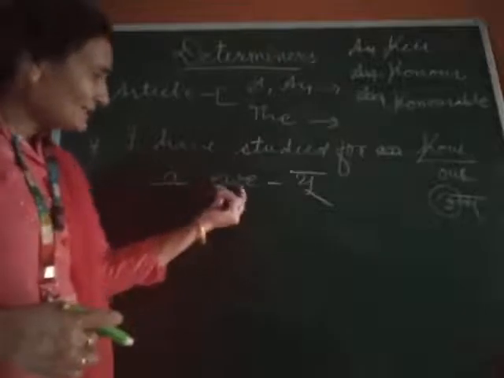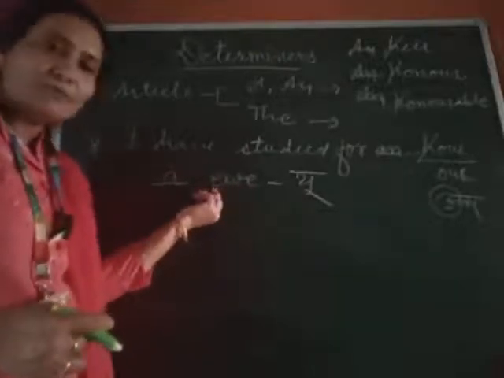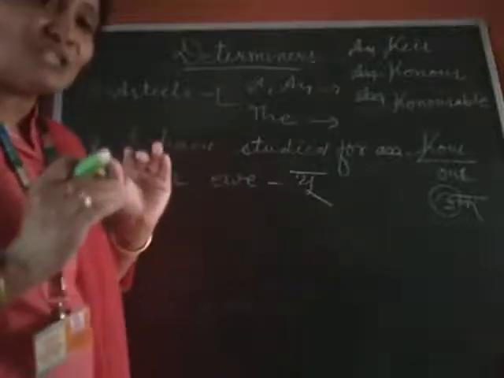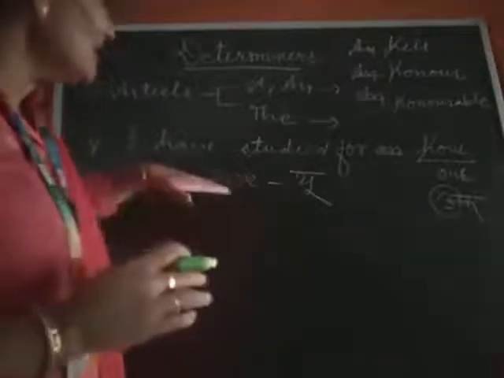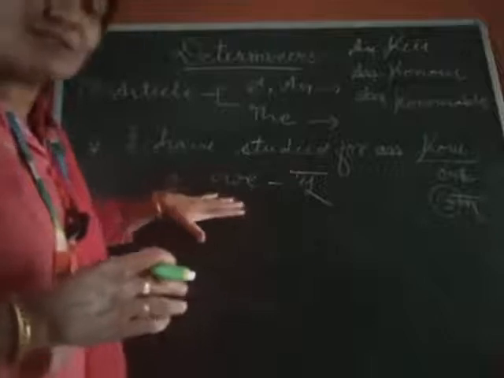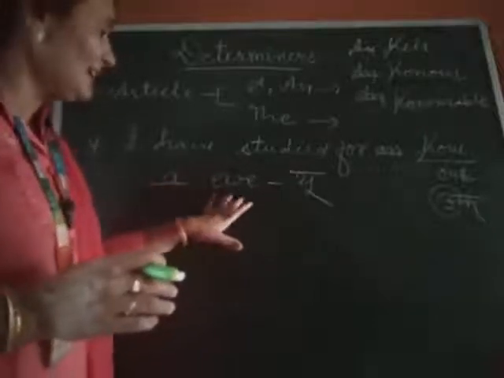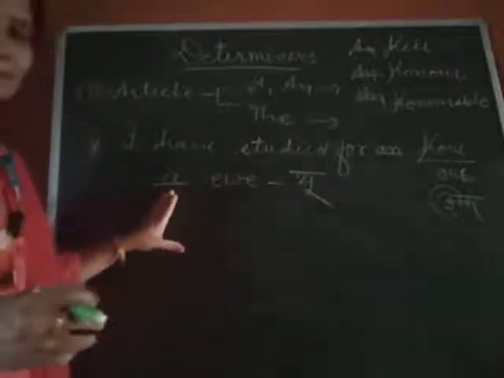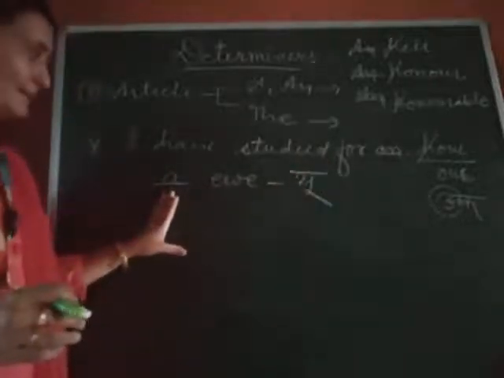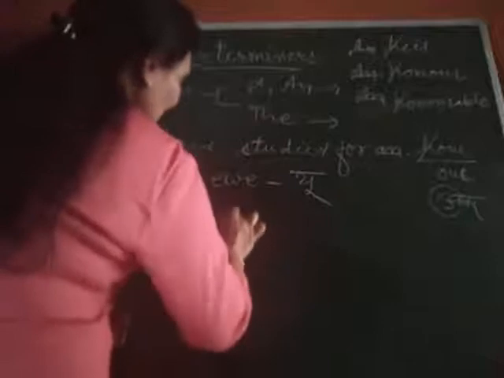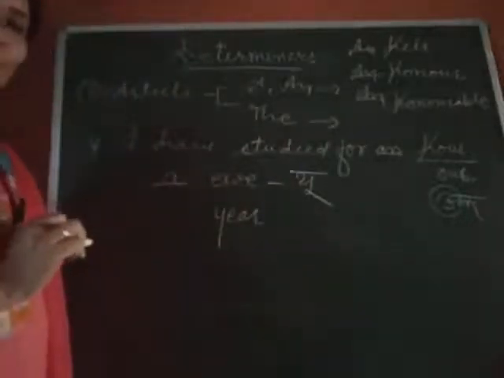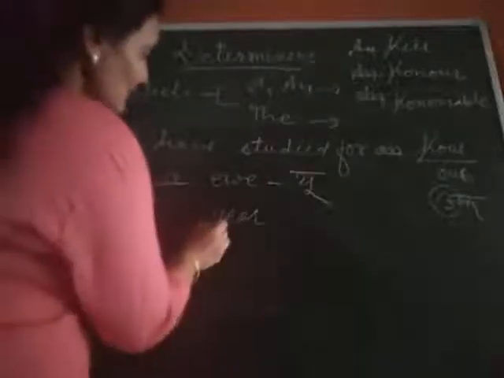If we have not read this word before, we will be confused about its pronunciation. This word's pronunciation is U, and it starts with a vowel letter, but its pronunciation is U. So U is not a vowel sound, it is a consonant sound. So before the consonant sound we will use a.